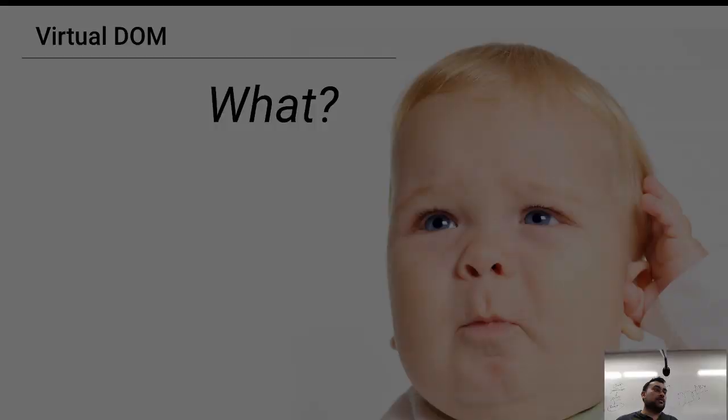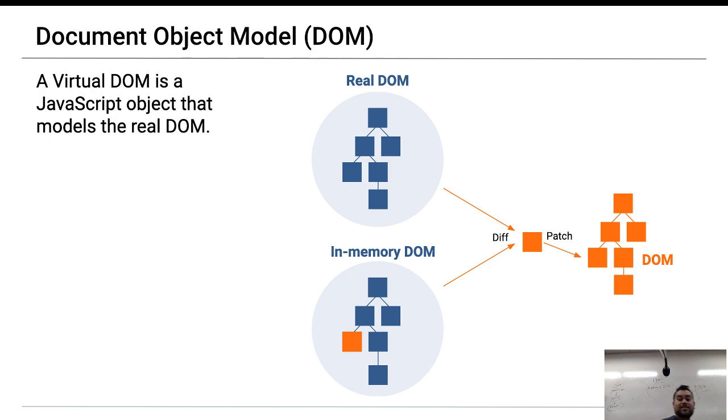All right. Now this is how it works. This is the real DOM, and this is the in-memory DOM, which is the virtual DOM. Now something in the DOM changes. Let's suppose this is your element, the only change you're making in your DOM. It could be a p tag, could be a div, anything.